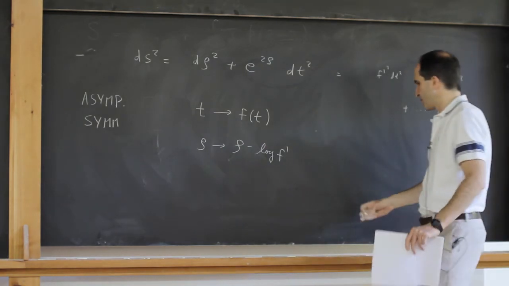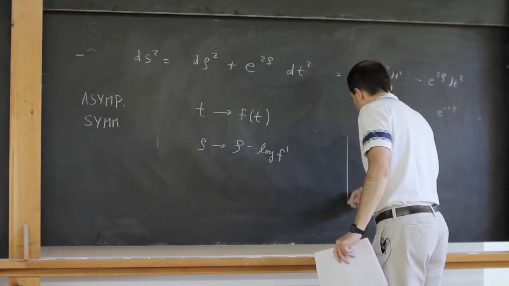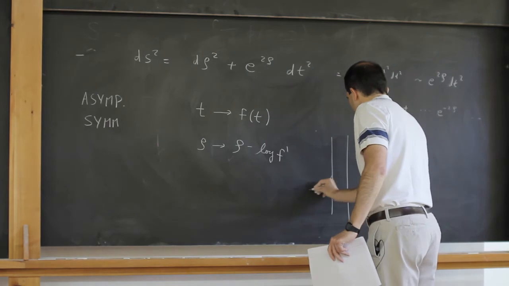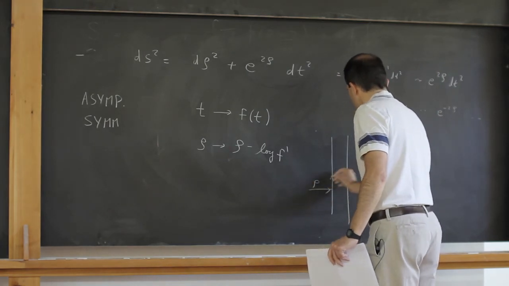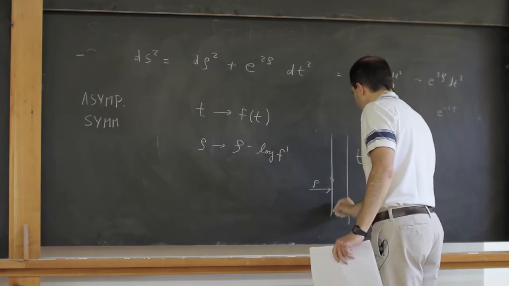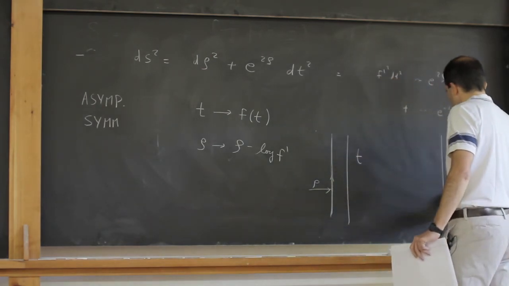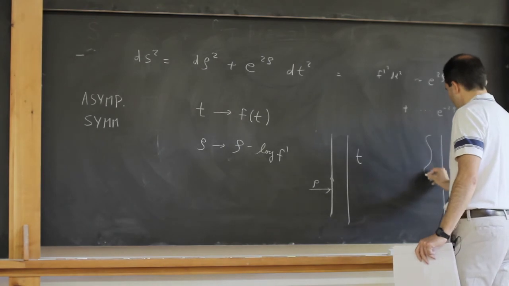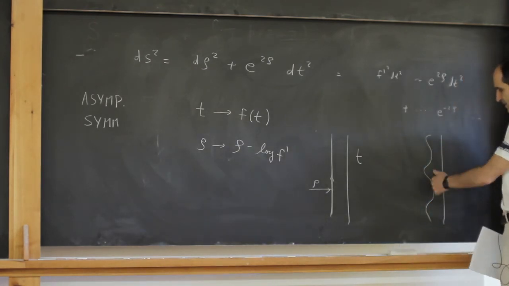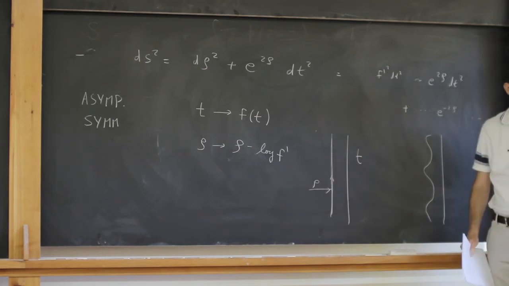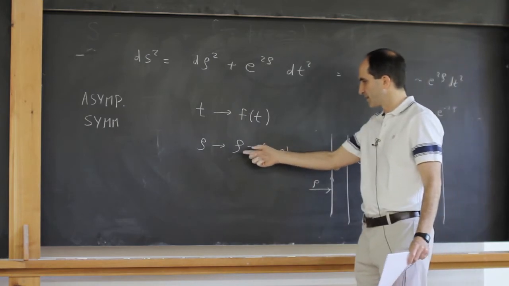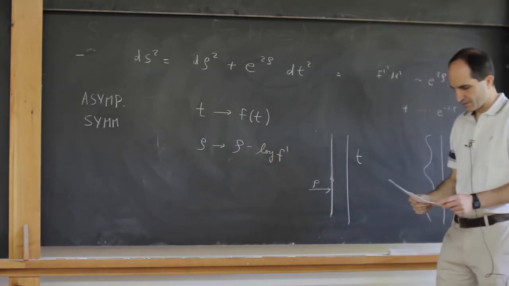Now, in the original coordinates, we had a boundary condition which was, let's say, if this is rho and this is time, a boundary condition at some fixed value of rho. Then after doing this transformation, the boundary condition would be at some wiggly value of rho that depends on what this function f was.